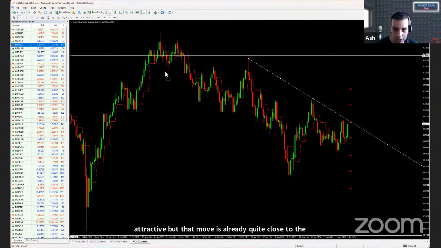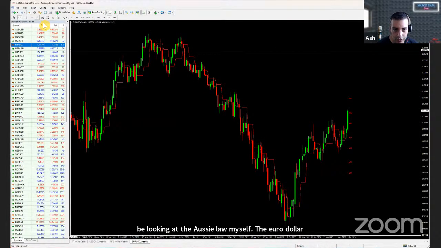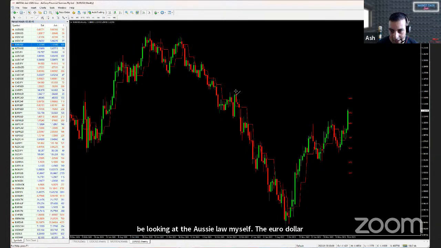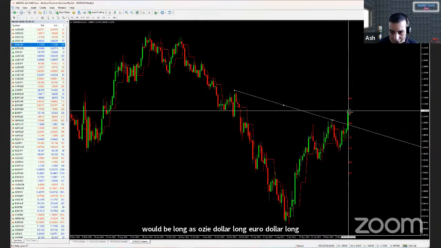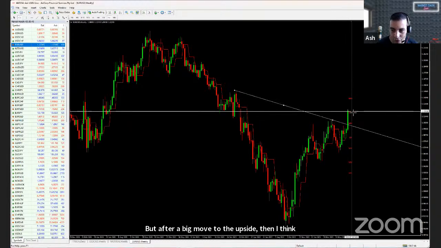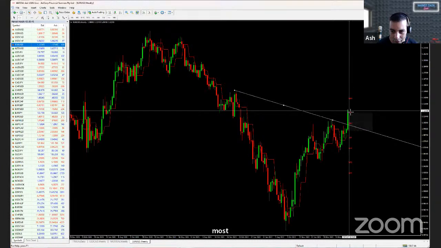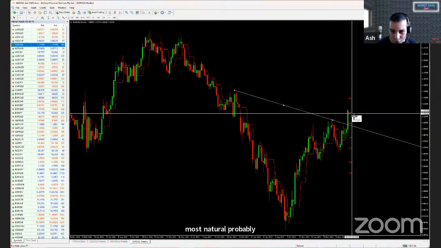The euro dollar would be long: Aussie dollar long, euro dollar long. Euro dollar is through this level here, but after a big move to the upside, I think the most natural next move would probably be down.